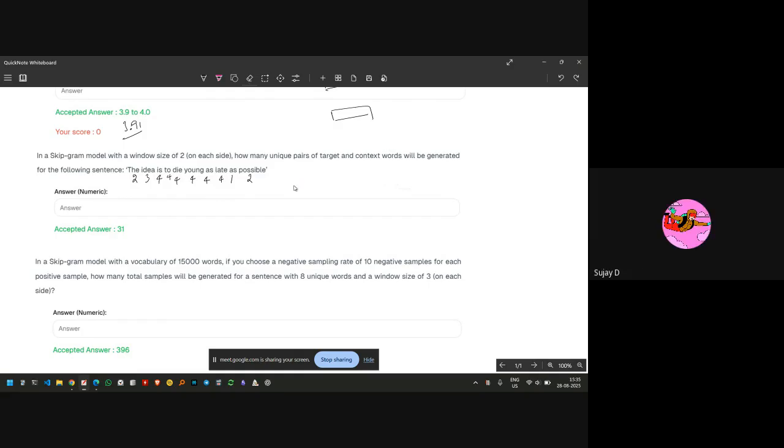What's the output? It says 31. Not giving the correct explanation. It's counting itself as 30. Okay, then we can discuss this later.